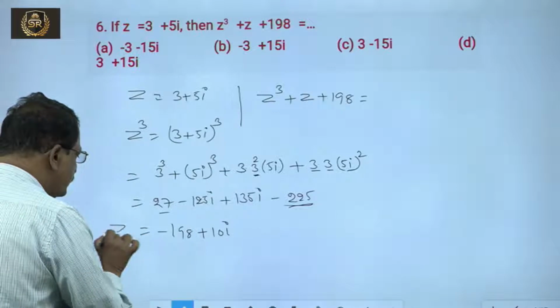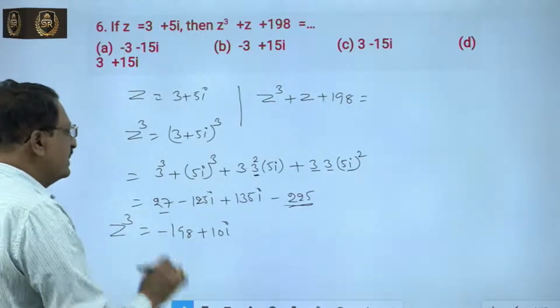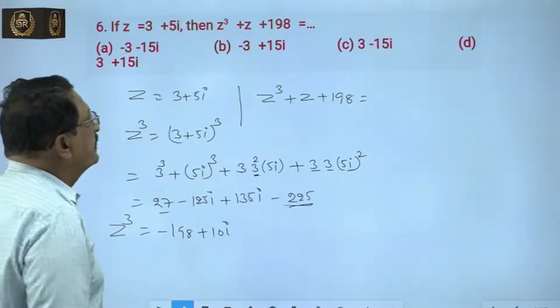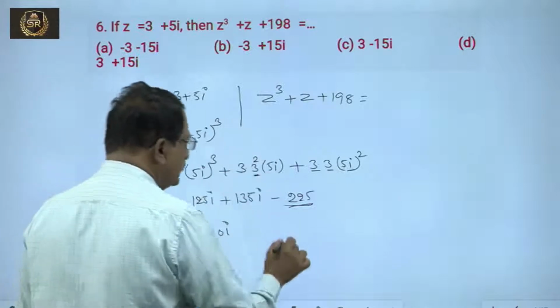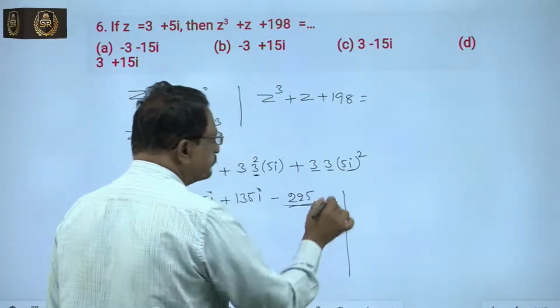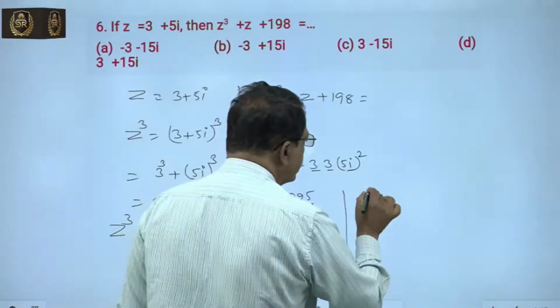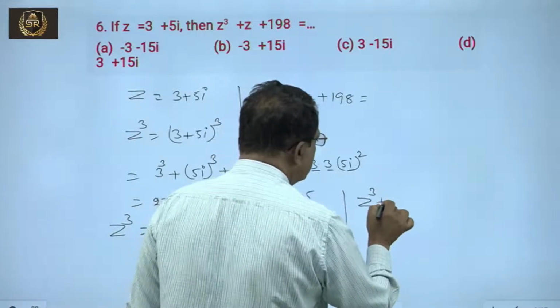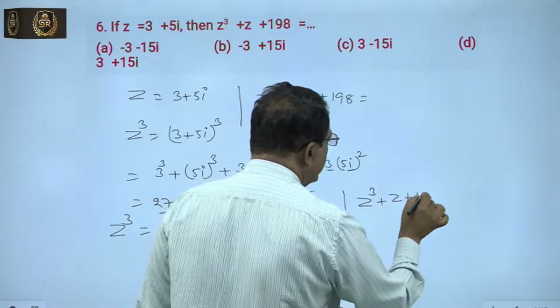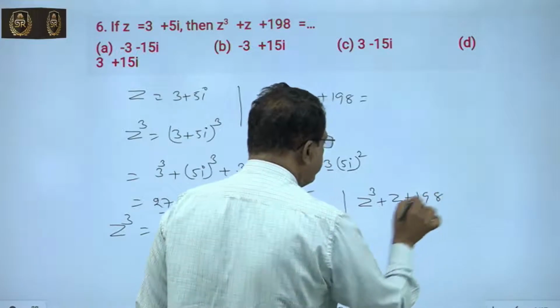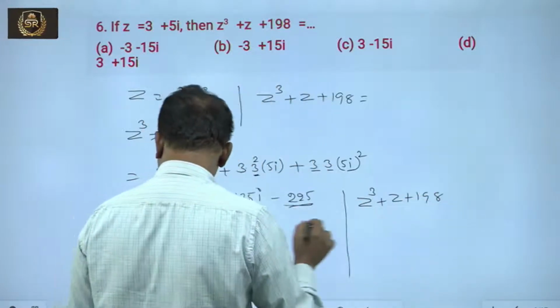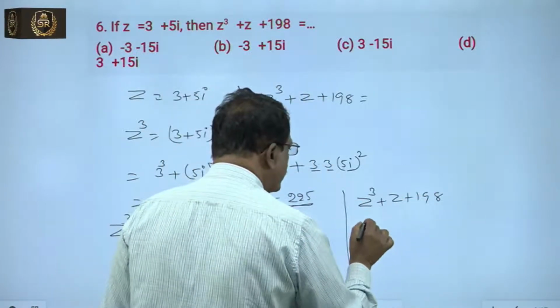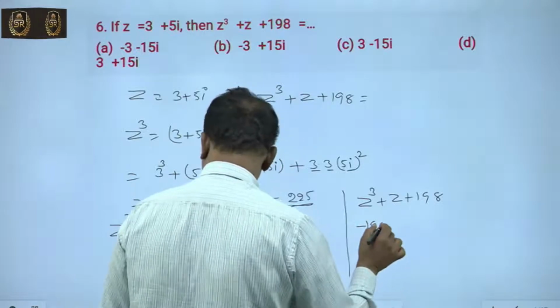So z cube equals minus 198 plus 10i. But we require z cube plus z plus 198.